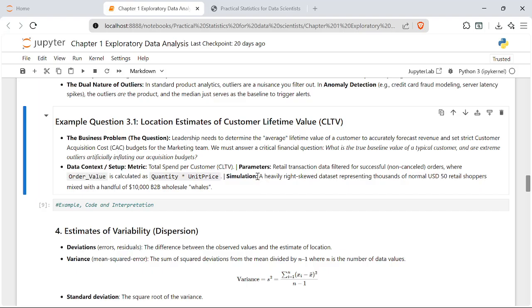It will contain thousands of normal everyday retail shoppers spending about $50 mixed in with a tiny handful of B2B wholesale whales dropping around $10,000 or more at a time. Okay, let's dive into the code to see how these whales completely distort our math and which statistical metrics we should use instead to find the truth.